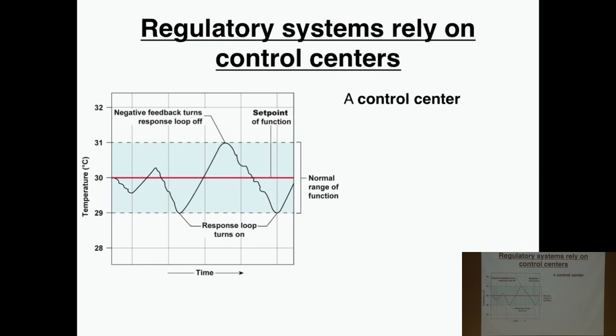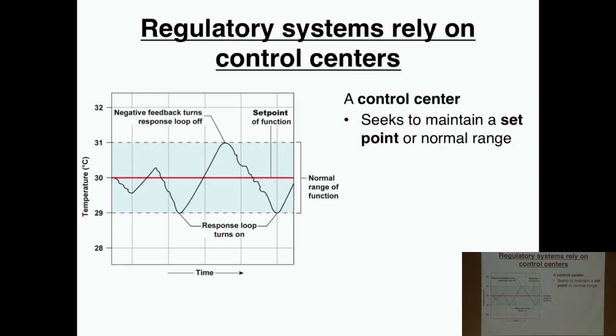And then here we have a stronger response, which will trigger a response loop to get it back to the set point. And again, it's going to overshoot, but get to the upper barrier of the normal range of function. Then negative feedback will turn that response loop off, and then it can go back down, and so on and so forth. So you're fluctuating within a fairly narrow range.